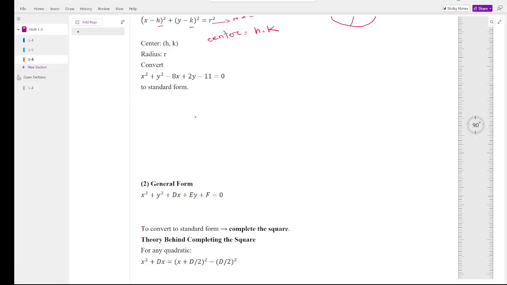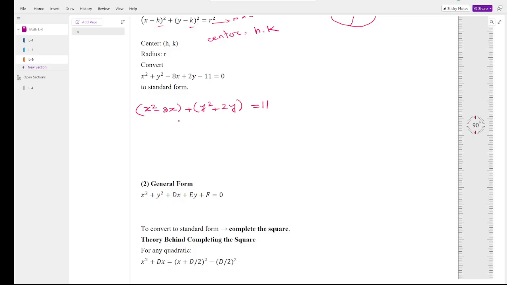Okay, so we can write x squared minus 8x, then plus y squared plus 2y equals 11.